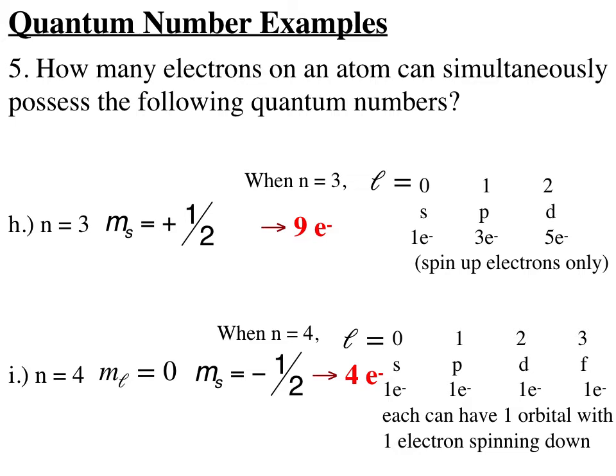But I don't want both electrons in this m sub L equals 0 orbital. I'm specifying I only want the m sub S equal minus 1/2 or downward electron. So that is one electron can have those three quantum numbers simultaneously on that level for each orbital. So that's a total of 4 electrons allowed with those quantum numbers.